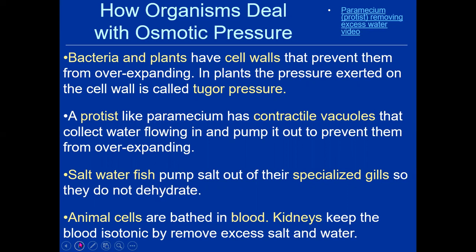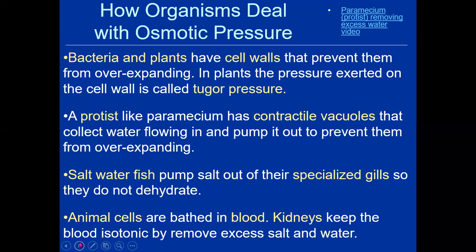Even if you place them in a hypotonic solution, they will reach a point called turgor pressure. Turgor pressure is a result of the cell wall. Then protozoa or protists like paramecium have specialized organelles called contractile vacuoles, which are able to collect and pump water out of the cell.